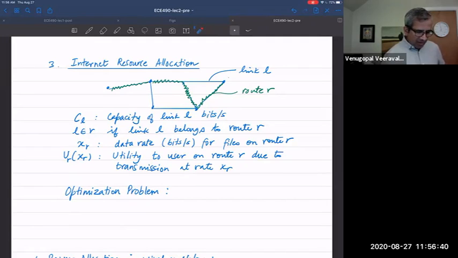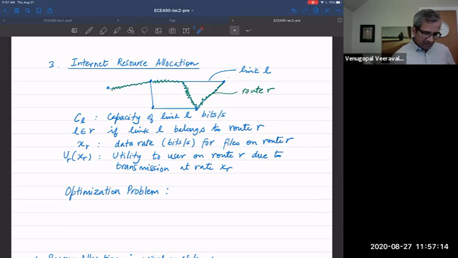Now, a route is formed by basically going from some source to some destination through various links in the network, right? And we say that L belongs to R if link L belongs to route R. Okay, and there's a data rate for files that are carried on a certain route.